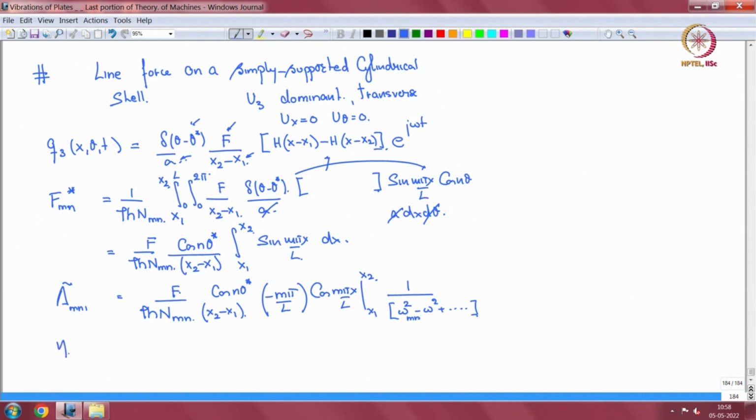Then eta mn1 is gamma tilde mn1 e to the power j omega t. Then eta mn should be multiplied by sine m pi x by L cos n theta and summed over mn.